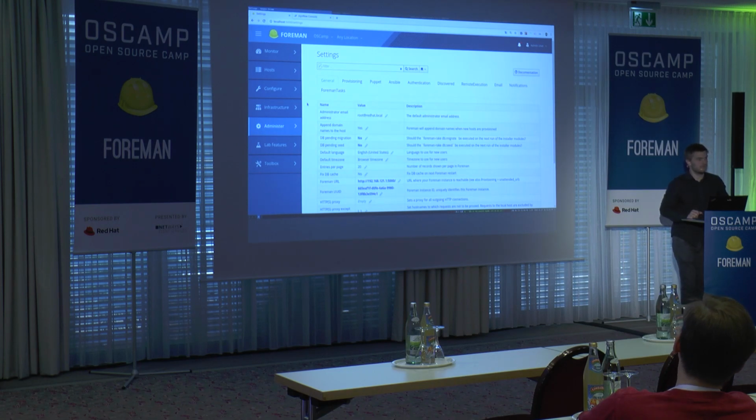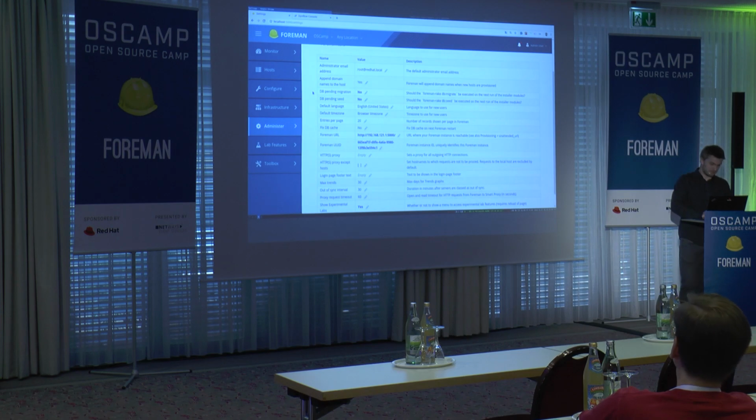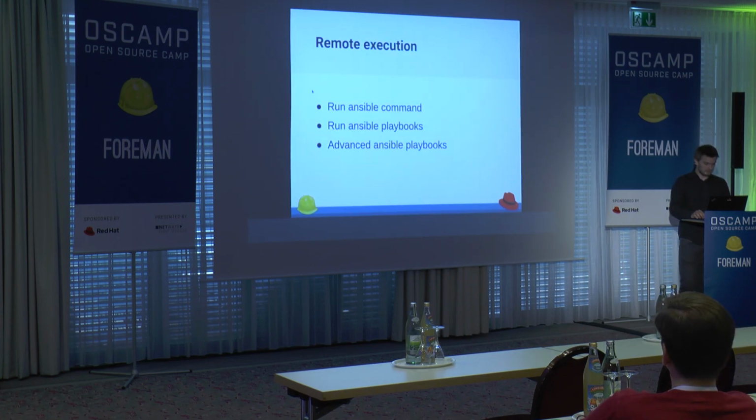It still won't scale as well as if you would use Ansible directly, but hey, you have the Foreman inventory, and you can play with the playbooks. You can do whatever you want there, right? So that's kind of acceptable, I guess. Okay. That's how it works under the hood.